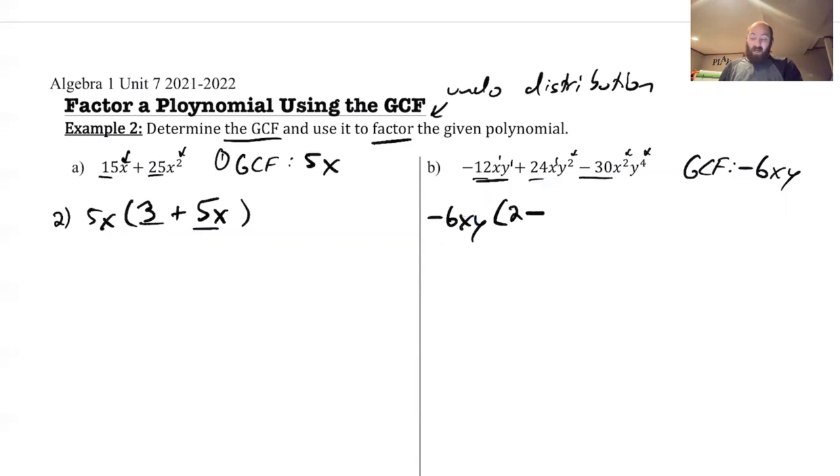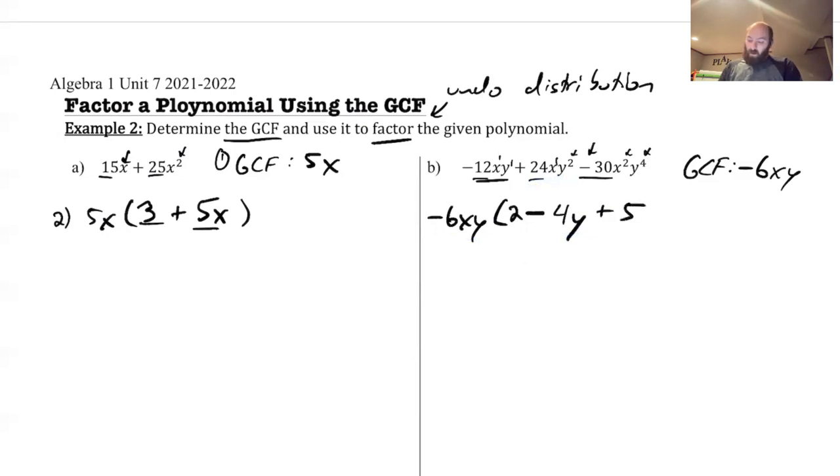So that means my number inside the parentheses is going to be negative. So negative 6 times negative 4 gives me a positive 24. x is going to go to x to the first, so that actually stays the same. But y needs to be multiplied by another y for me to get y squared. Again, I'm just comparing to this middle term here. So I can double check, does this times this give me this? And it does.